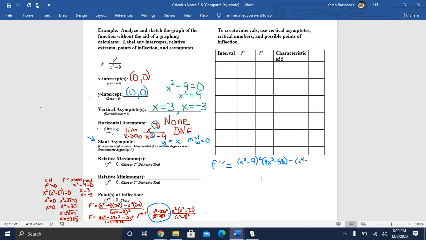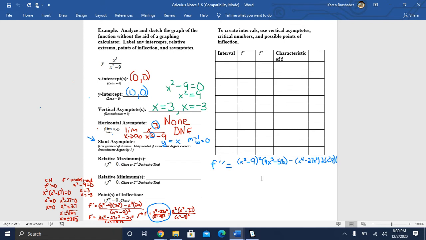You have x to the fourth minus 27x squared. And then the derivative of your denominator, which now is a chain. So you'll have 2, and then your x squared minus 9, and that will be to the first power.